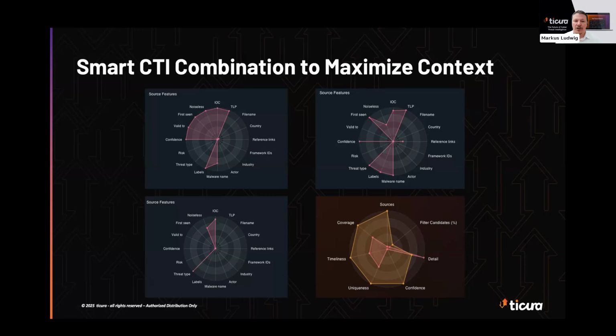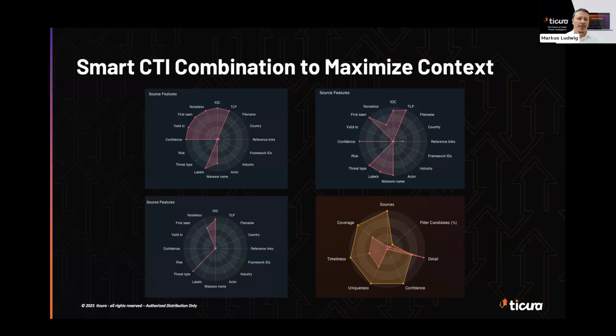Are you a threat hunter? Are you a malware reverse engineer? So whatever role you have, whatever your use case is, if you understand the level of context that helps you, you can start analyzing sources and try to combine them to maximize the context.